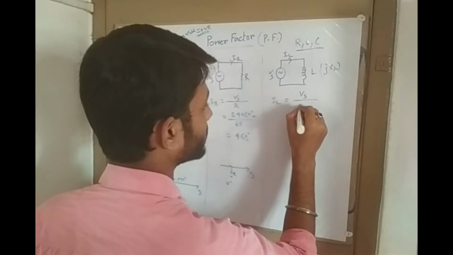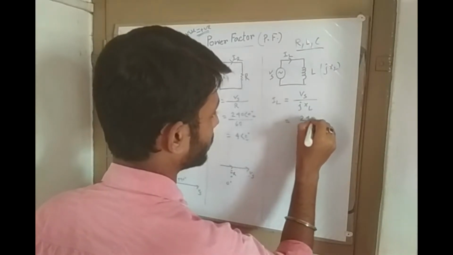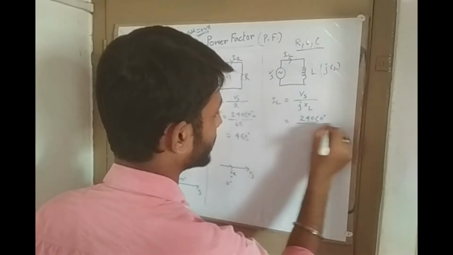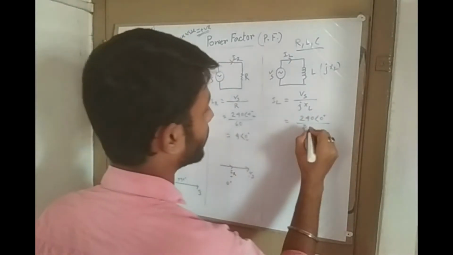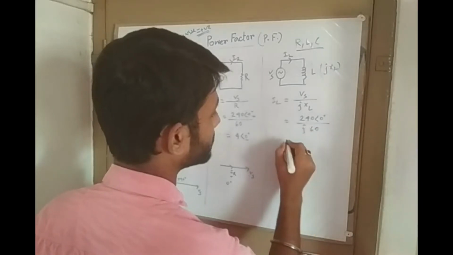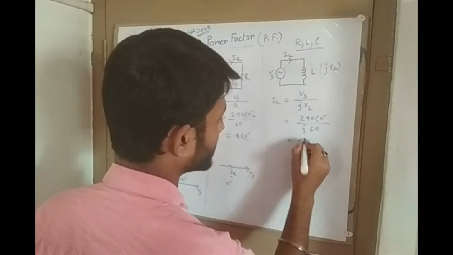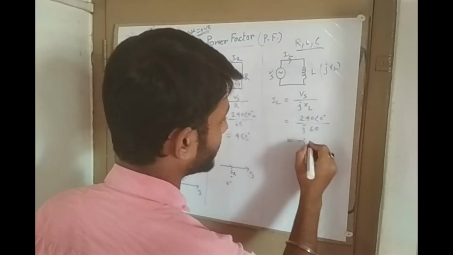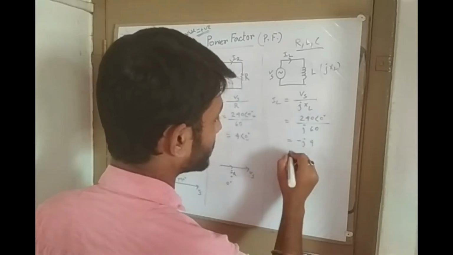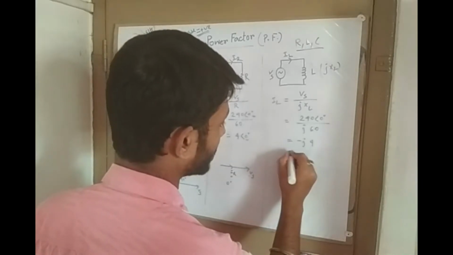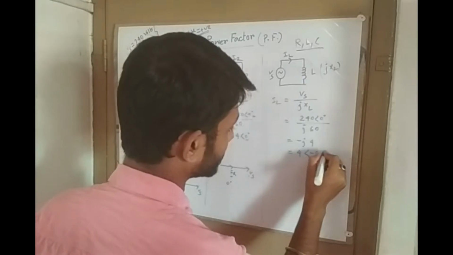So Vs divided by jXL, that is 240 angle 0 degree divided by jXL. Mod XL value is 60 ohm. So this j will come upside as minus j: 240 divided by 60 angle 0, 4 angle 0. That means it will become 4 angle minus 90 degree.